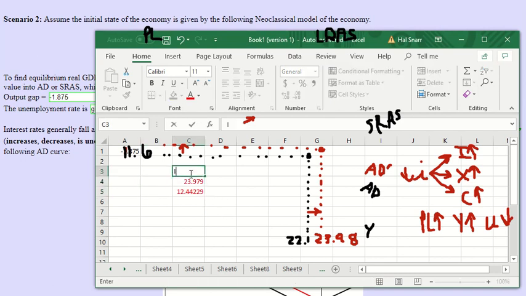This is what it is now, right? Okay, GDP is now equal to potential, and when you plug that new GDP level into the new aggregate demand curve, you get 12.4429 or 12.44, right?